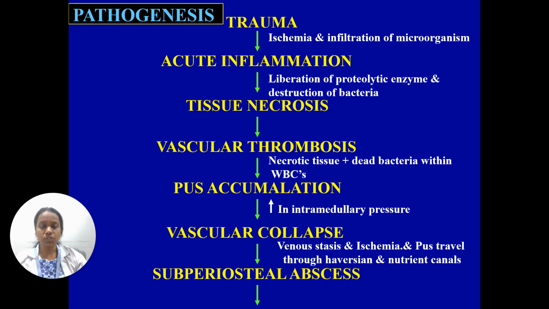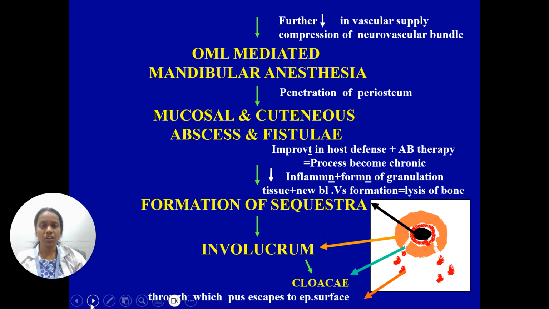Because of the pus accumulation, there is a rise in intramedullary pressure, which compresses the medullary vasculature and causes vascular collapse, and the abscess reaches the subperiosteal region and further reduces the vascularity. Compression on the neurovascular bundle can also happen, and mandibular anesthesia is seen.